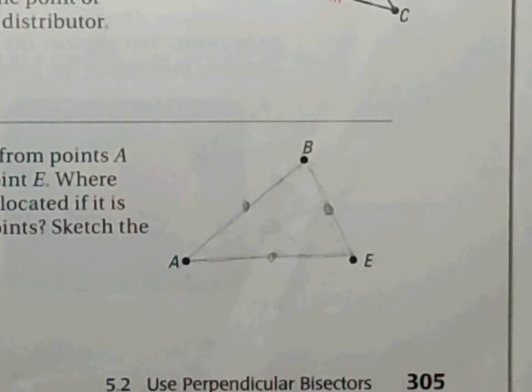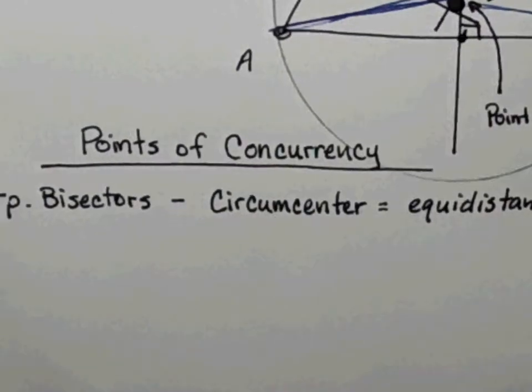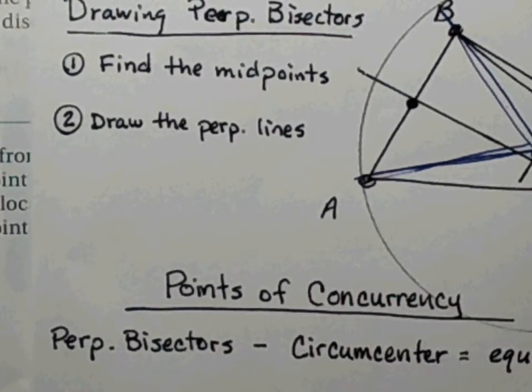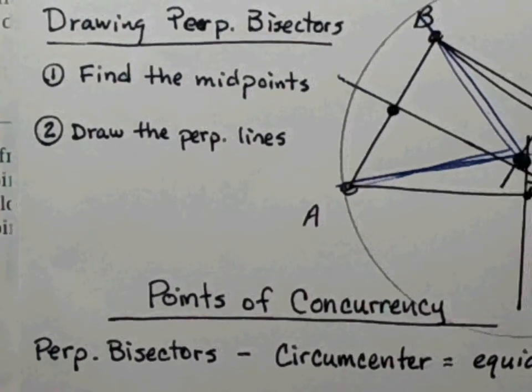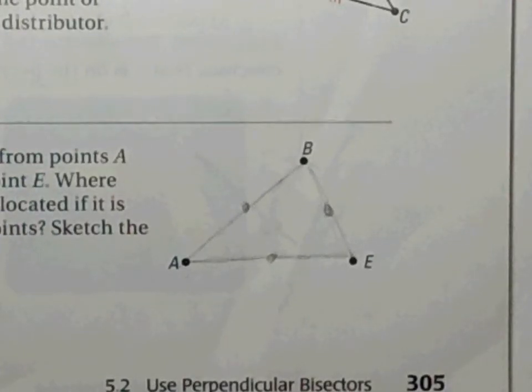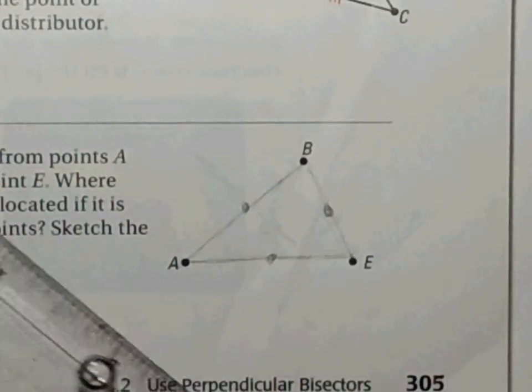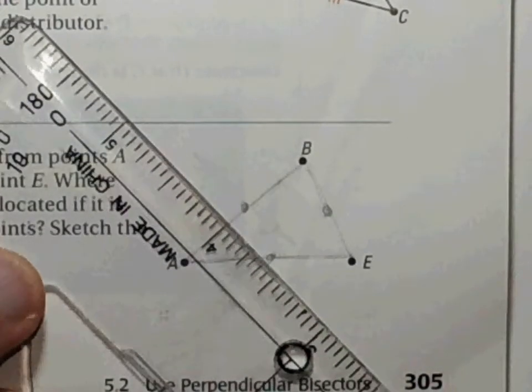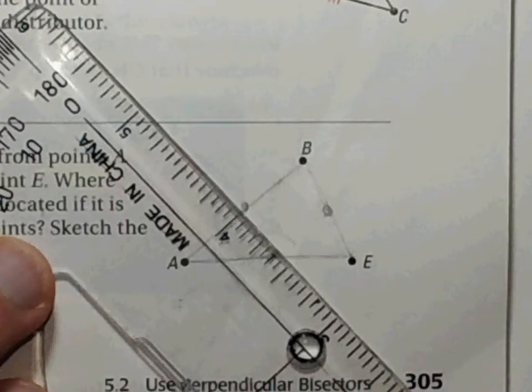So we're going to find the midpoints first. Second thing we're going to do is draw the perpendicular lines. So I'm going to get my ruler. Remember, I'm going to line it up with one of the lines and go until I get to the midpoint.